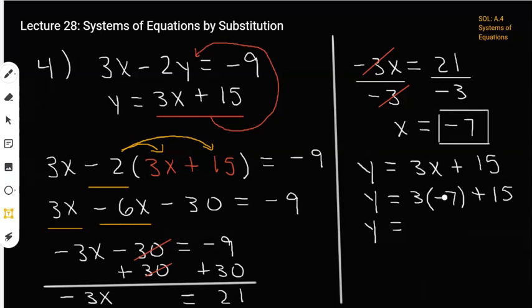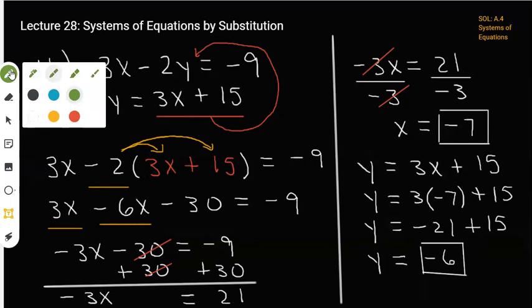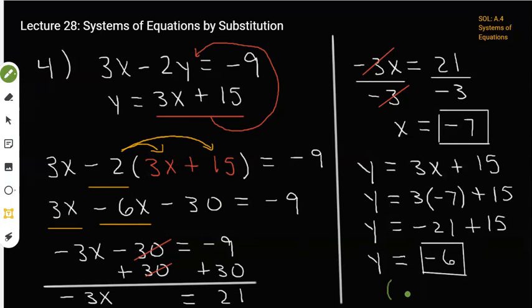When I multiply 3 by negative 7, I get negative 21. And if I add 15 to that, I'm going to get negative 6. So that's going to be my y value. I'll put a box around that. So now that I know what x and y are, I can make my ordered pair, negative 7, negative 6.